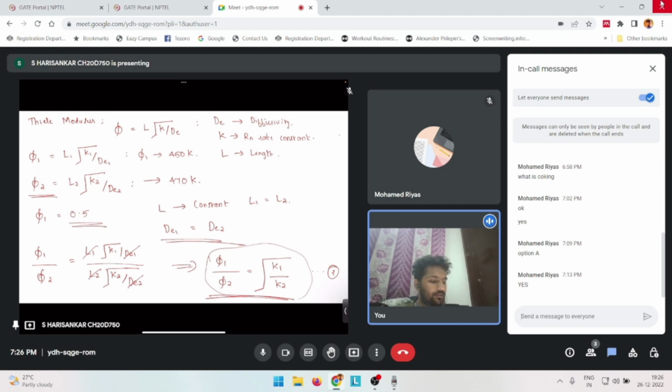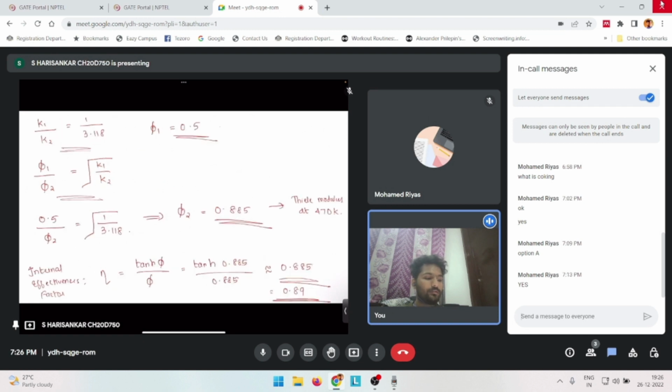Also, they have given us the value of phi1 as 0.5, and we also have the value of K1 by K2 as 1 by 3.118. So just substitute all these values in the equation 2, and we'll get the Thiele modulus phi2 at 470 Kelvin, which will come to approximately 0.885.